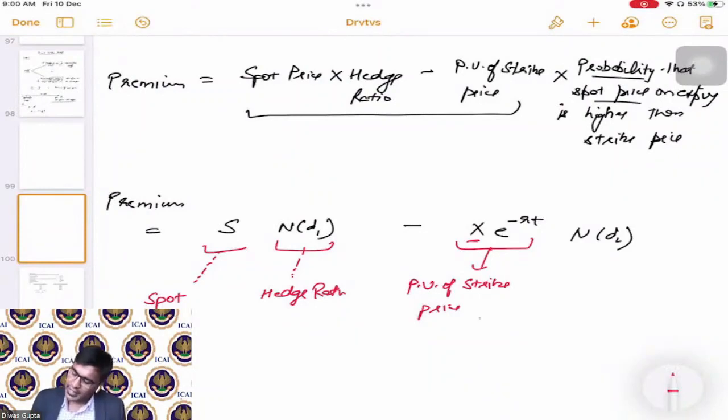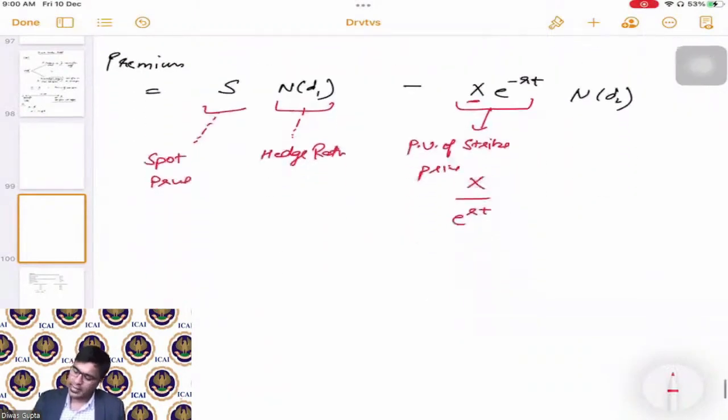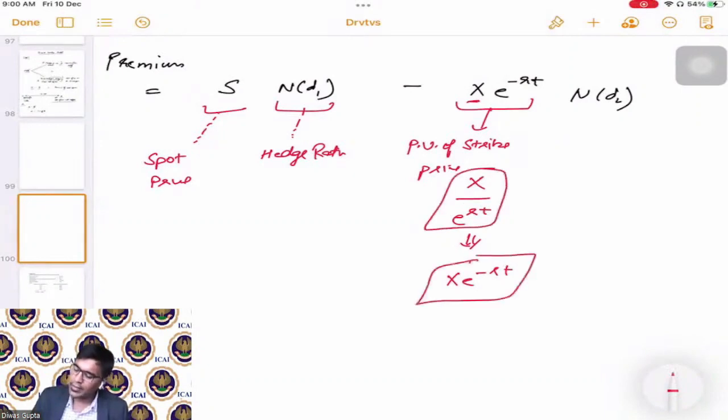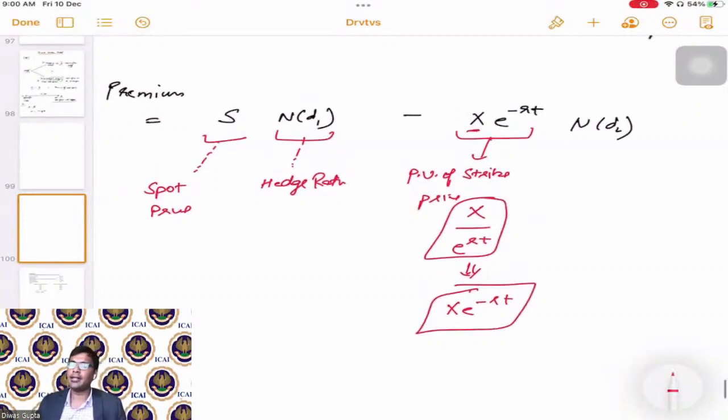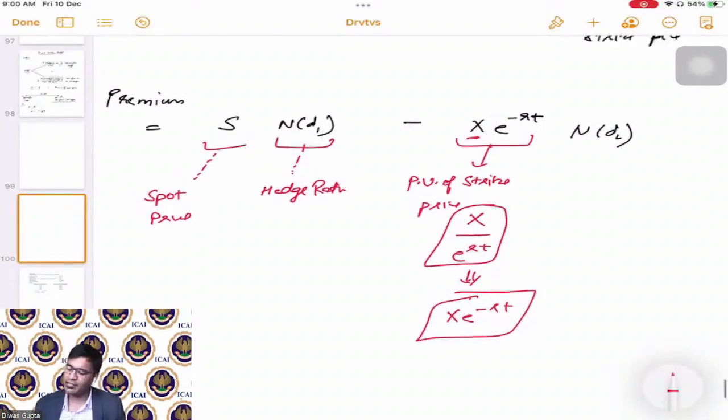Because this we can rewrite as X divided by e raised to the power RT, and this is actually equal to X into e to the minus RT, because if from the denominator you take something up, the power goes as minus, correct? So this is the present value, and this is also rewritten as a present value. That's all. X is here written as the strike price, and e raised to the power minus RT is giving the effect to make it a present value.